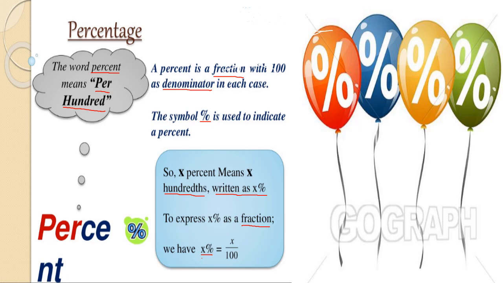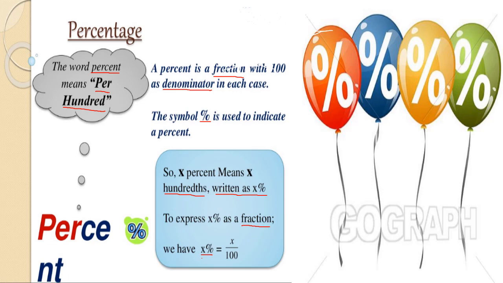Let's check how we write any number or variable in percent. x percent means x hundredths, x by hundred, written as x with the percent symbol.